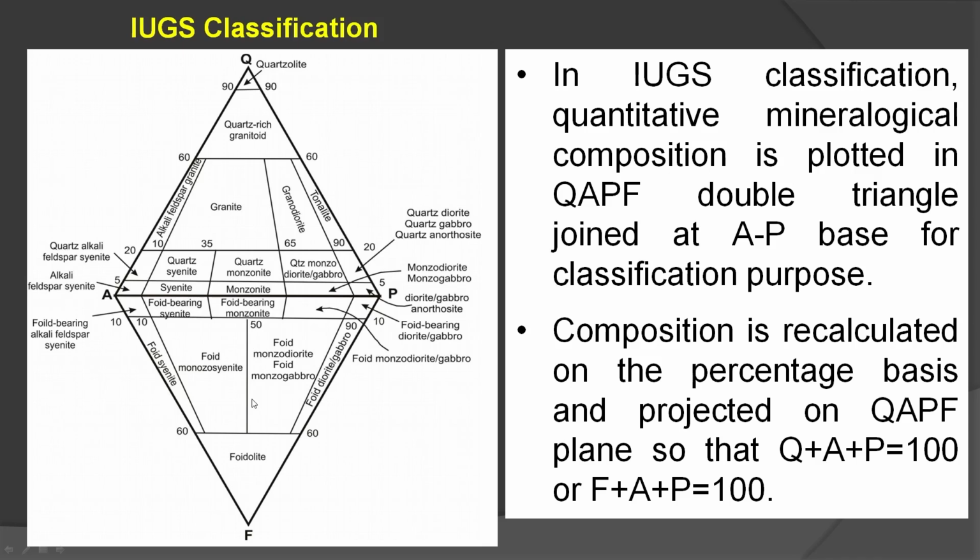This is the double triangle which we are talking about. Q stands for quartz, P stands for plagioclase feldspar, A stands for alkali feldspars, and F stands for the foids. The FAP triangle is for silica undersaturated rocks, and the QAP triangle is for silica saturated rocks.